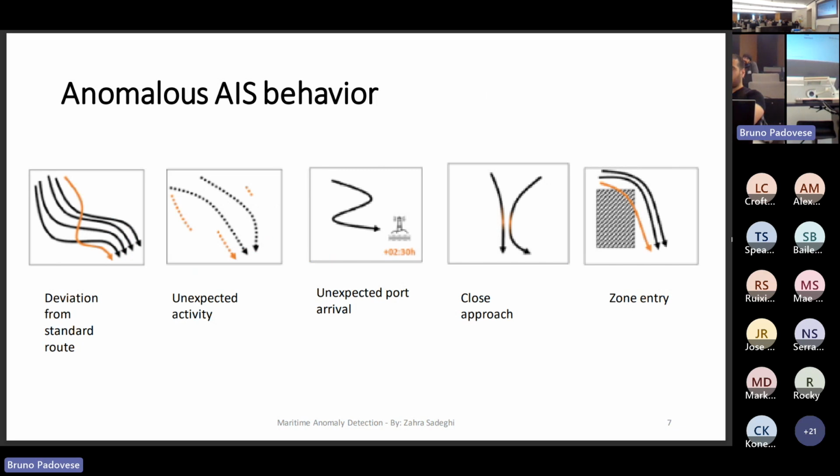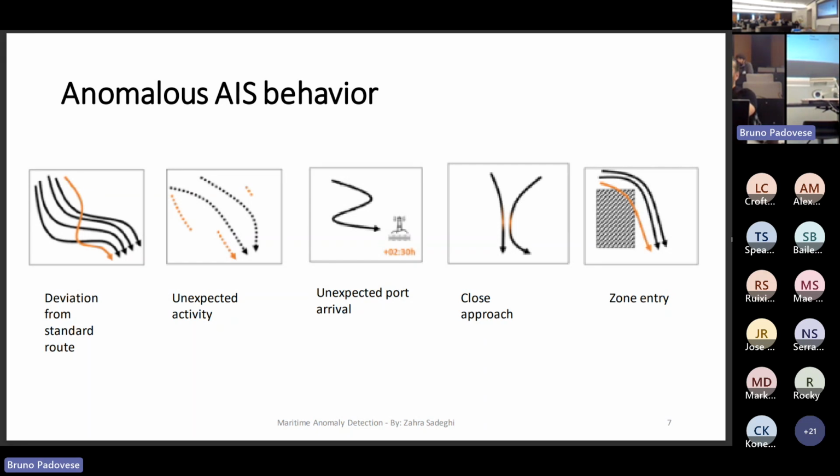Here are a couple of well-known anomalous AIS behaviors. The first one from the left is a situation when there is a deviation from a standard route. The curve in orange shows an anomalous behavior, and as you can see, one vessel is deviating from the standard route, showing anomalous behavior.